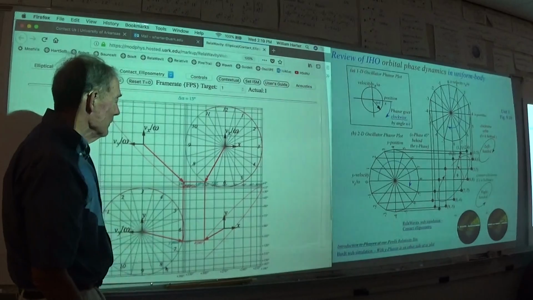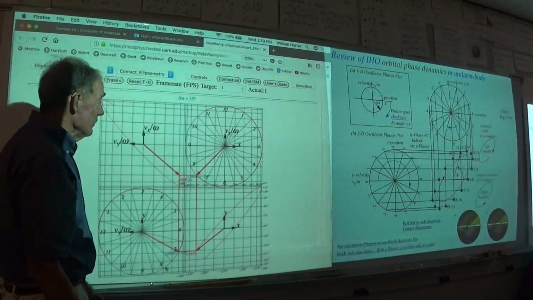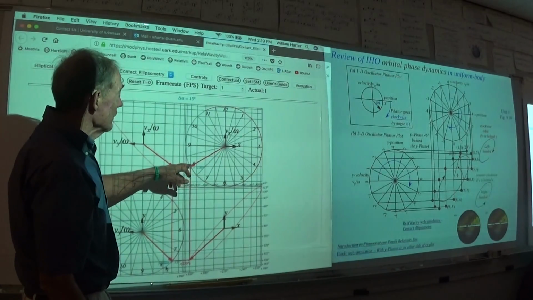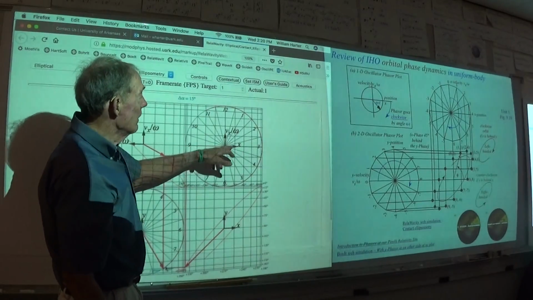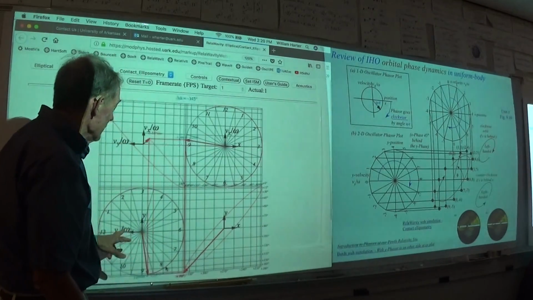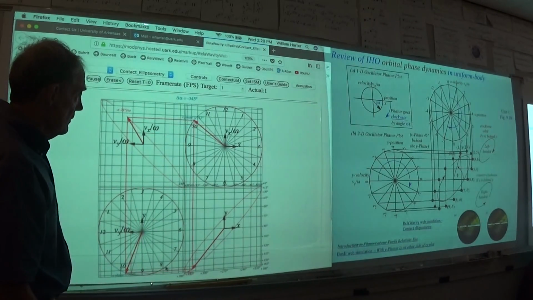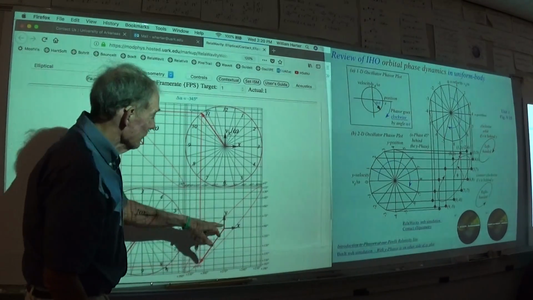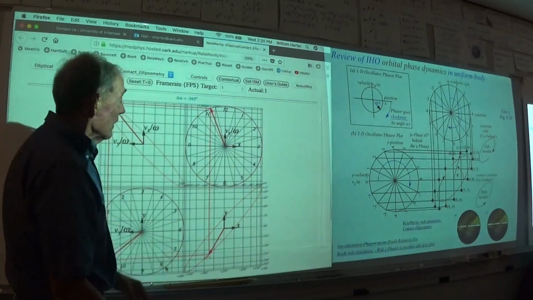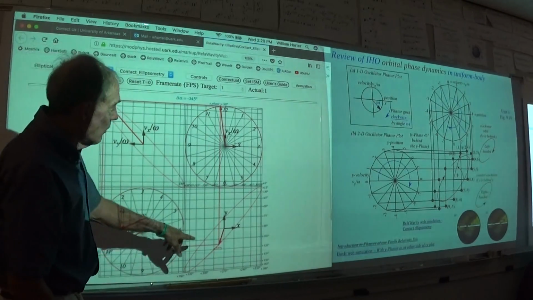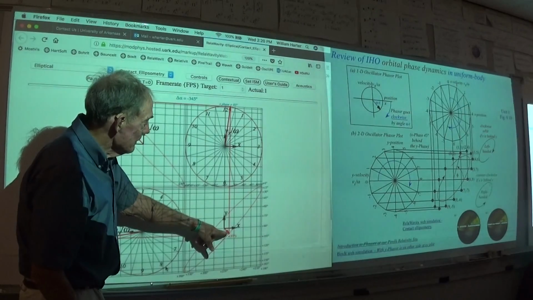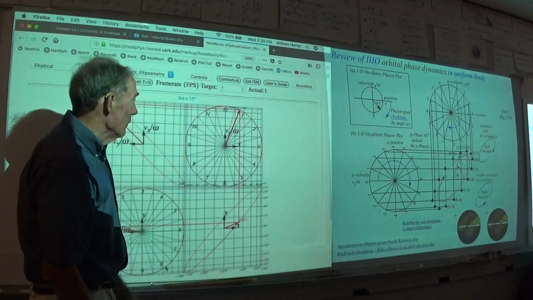It's another way to say phase. This is a certain phase of the oscillator that goes along the x coordinate, and this is the oscillator for the y coordinate. And here's x and y of the orbit that is occurring due to the uniform motion.